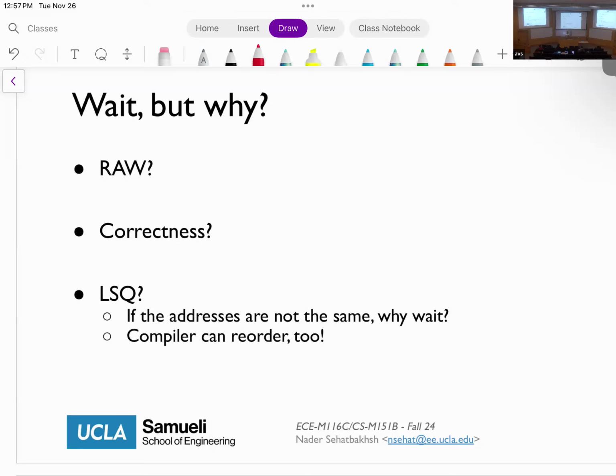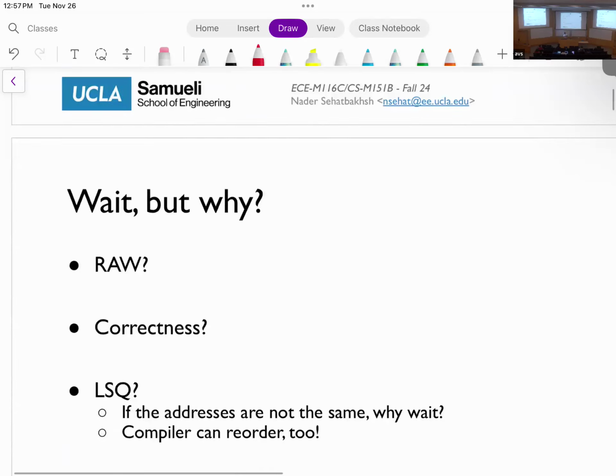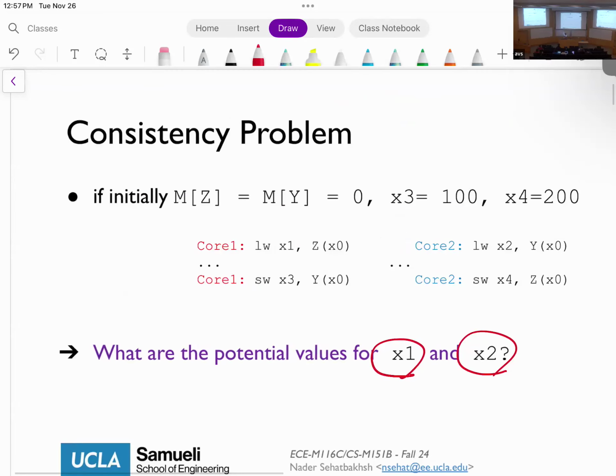For example, let's say these two instructions are independent from each other, and imagine that the compiler decides to reorder them. Remember, RAW data hazard handling fixed the issue of same addresses.